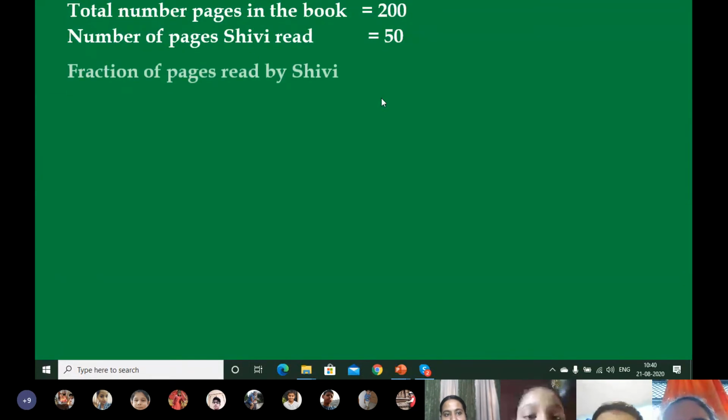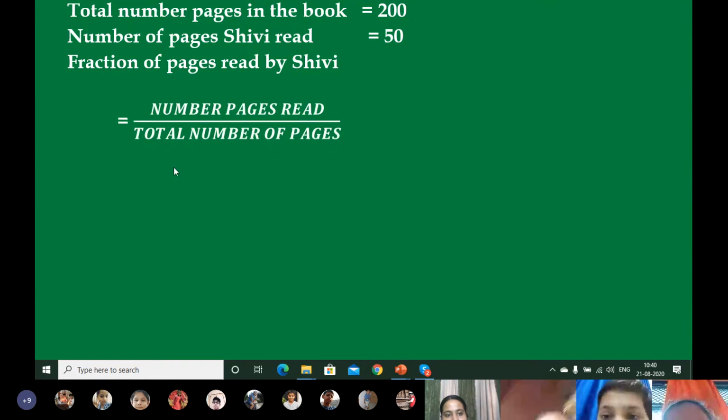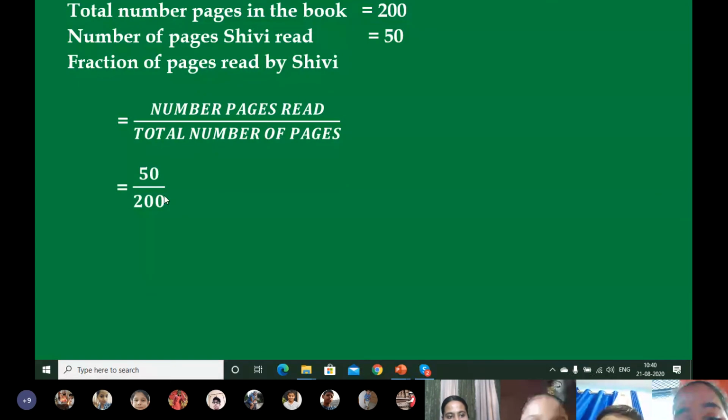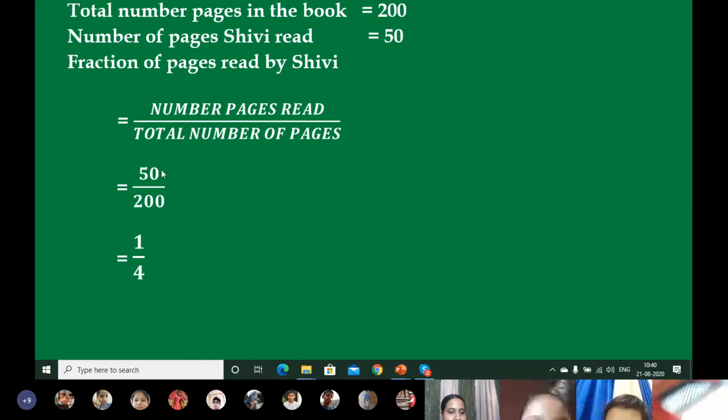So the fraction of pages read by Shivi is: the numerator will be the number of pages read and the denominator will be the total number of pages. So that is 50 by 200, and since it's not in the lowest form, fractions are always in the lowest form. So 50 by 200, that is 5 ones are 5, 5 fours are 20, 0 0 cancels, so 1 by 4.